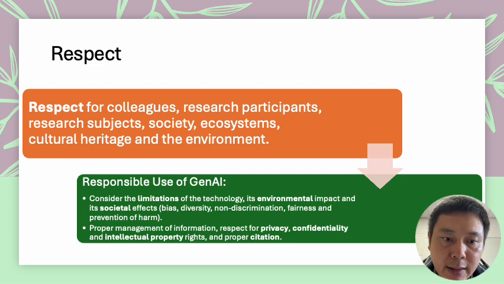While in the context of responsible use of generative AI, it requires us to consider the limitations of the technology, its environmental impact, and its societal effects. For example, if we frequently use unoptimized prompts, it might cause a lot of unnecessarily consumed energy at the service provider side when using large language models.